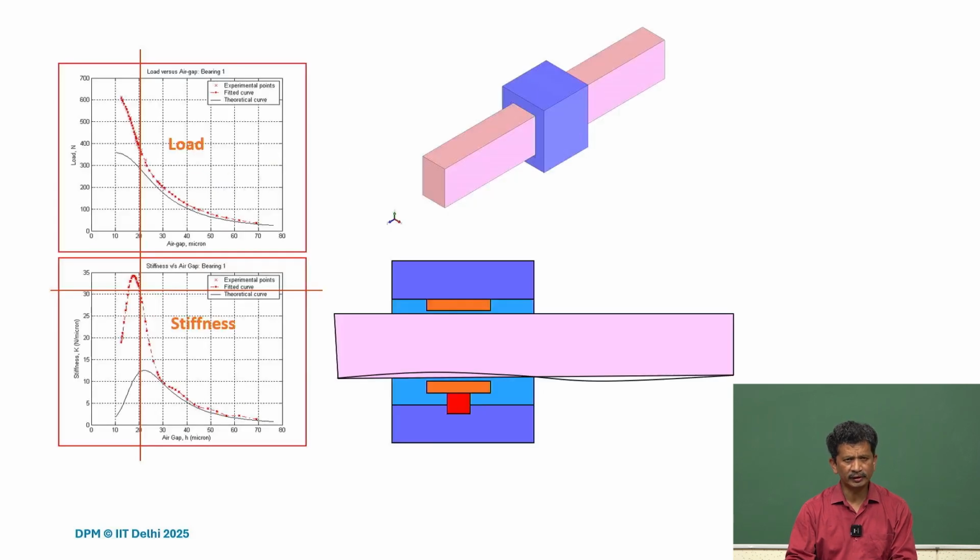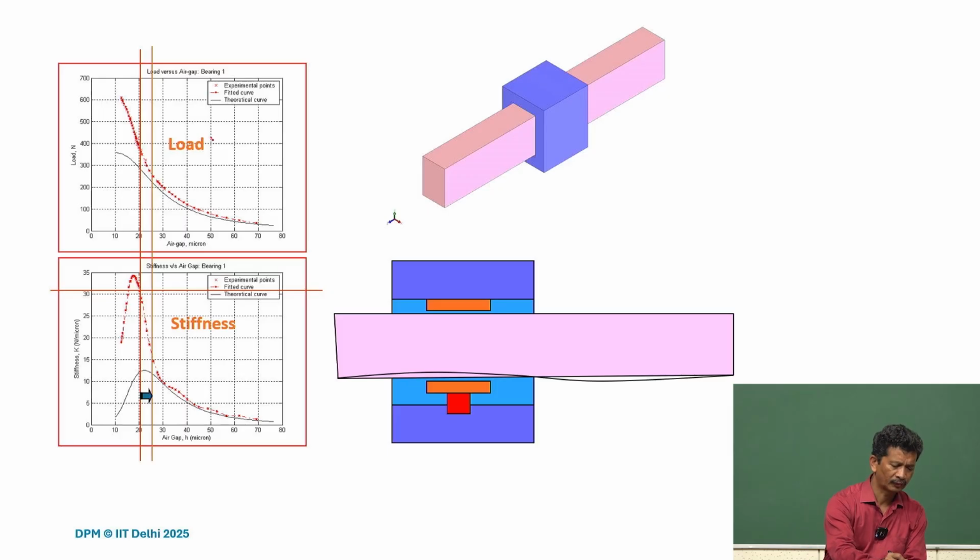When we look at it closely, what we realize is that yes, the load is there. This is the load and stiffness plot for air bearings, and this is the air gap we are talking about.